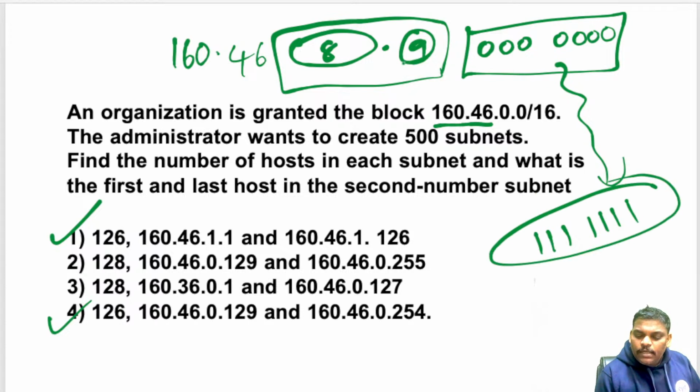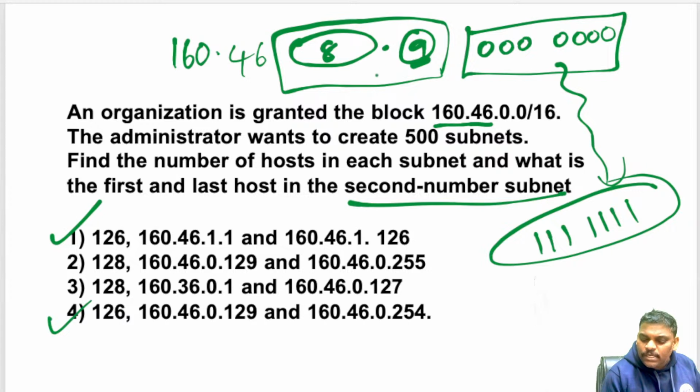So this is the 8 bits and 1 bit. Now listen, totally 9 bits. These 9 bits are saying the second number subnet.